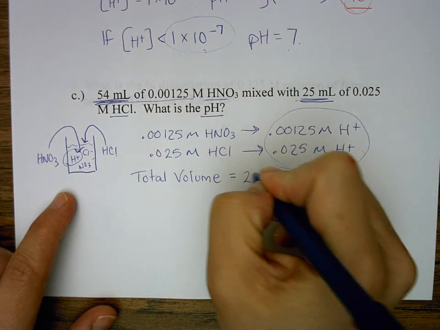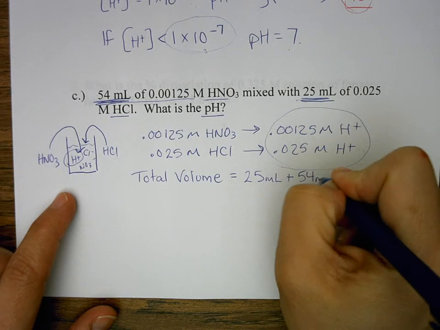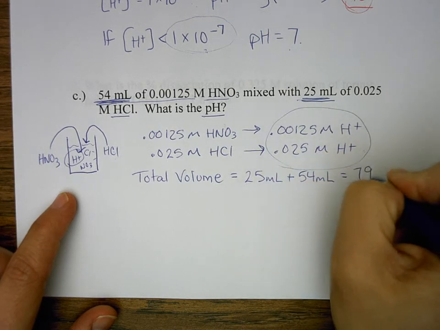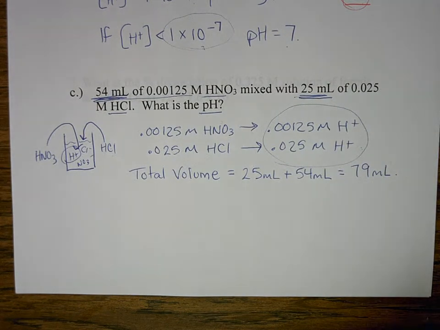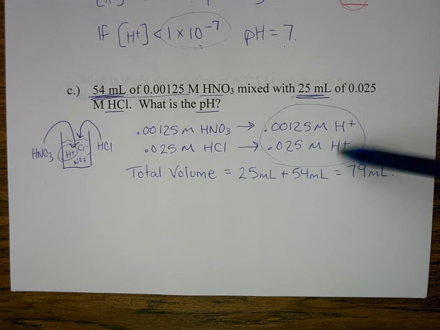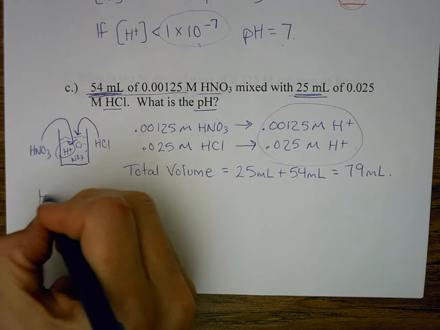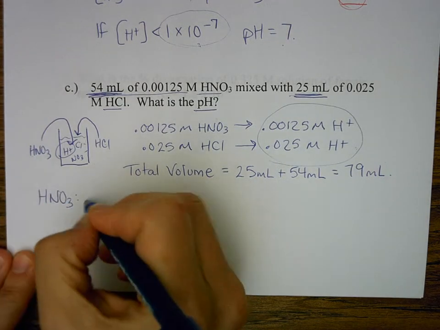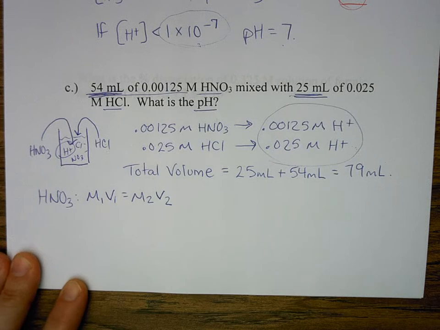So it'd be my 25 milliliters plus 54 milliliters, and that's 79. What I have to do is figure out the new concentration of hydrogen ions for each one of these situations in the 79 milliliter solution. So for each one, I have to do M1V1 equals M2V2.